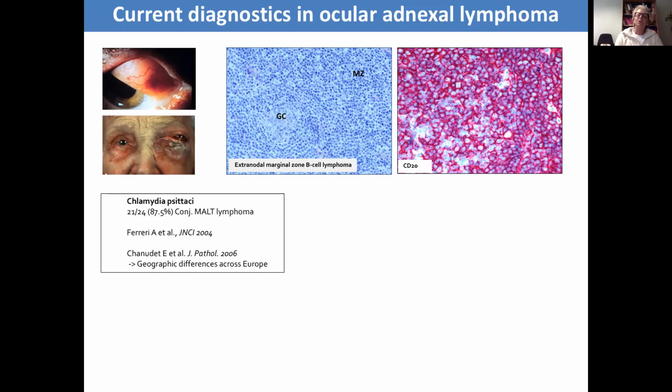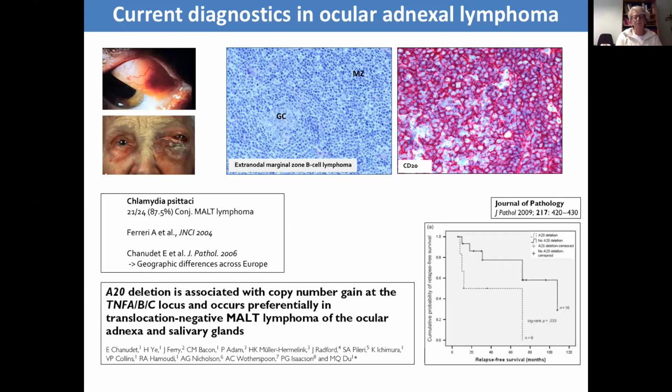So it is really quite an exceptional finding, and in the vast majority of cases, there is no association with chlamydia. That being said, some patients are treated with doxycycline, just on the off chance that it may cause regression of the tumor.